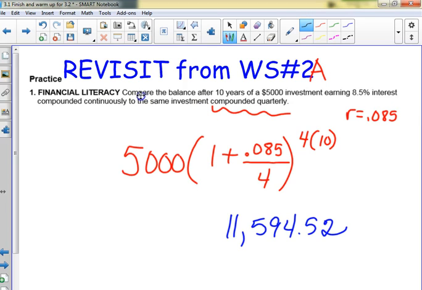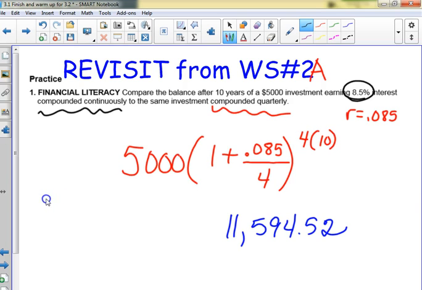I was rushing through this, and it says compare the balance after 10 years of a $10,000 investment earning 8.5% interest compounded continuously to the same investment compounded quarterly. Okay, so quarterly we did 5,000 times 1 plus 0.085. Everybody get where we got that decimal? Why did we divide by 4? And we put the 4 up here, right? Goes both places. And then it was for 10 years.